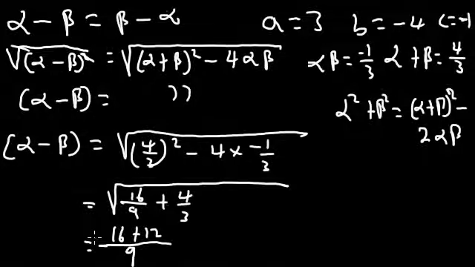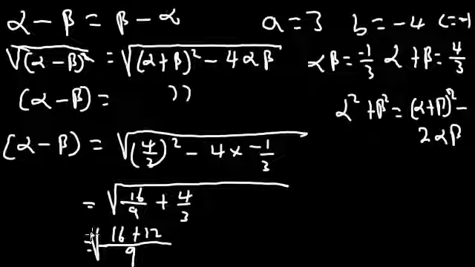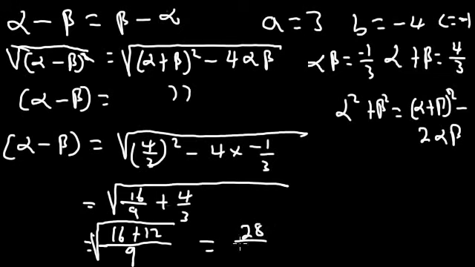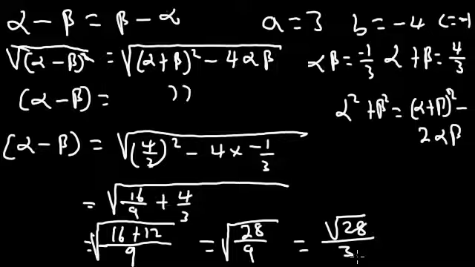The root is still there. 16 plus 12 gives us 28 over 9. So this is our final answer. We can allow the root to affect the denominator and have alpha minus beta equal to the root of 28 over 3. And that is it.